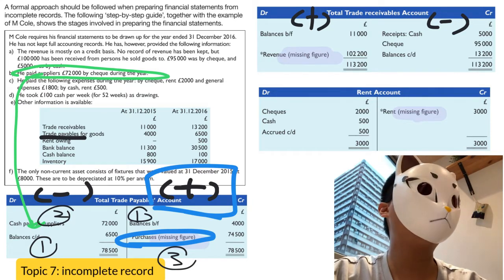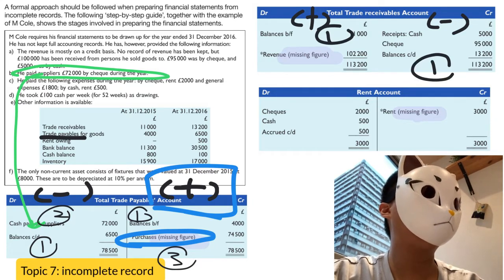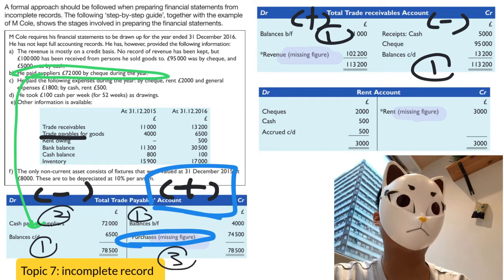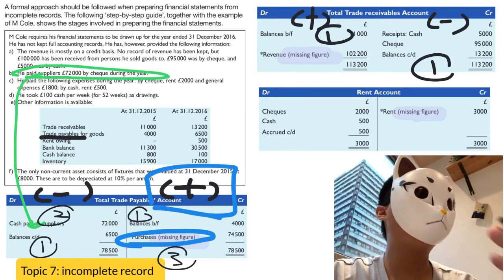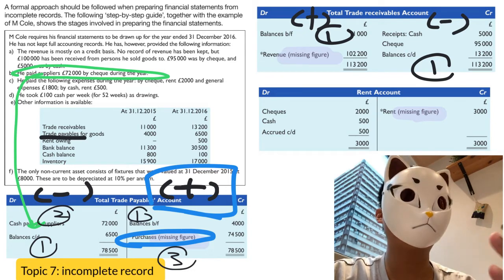Step number 1, we put down both balance brought forward and balance carried down. Step number 2, we have to look for the amount you received.